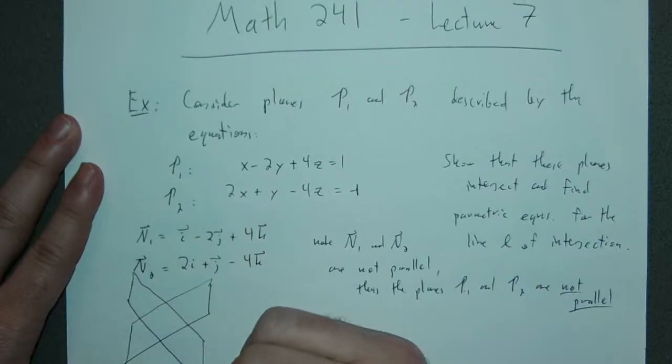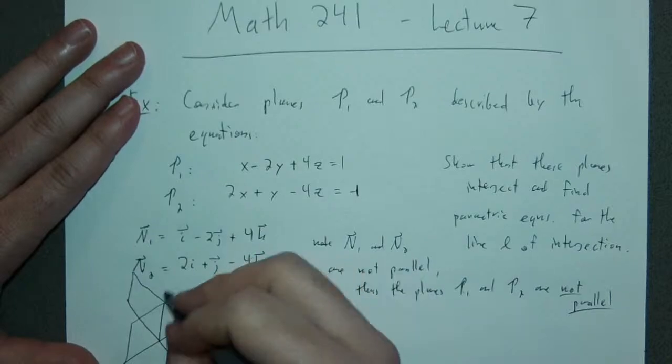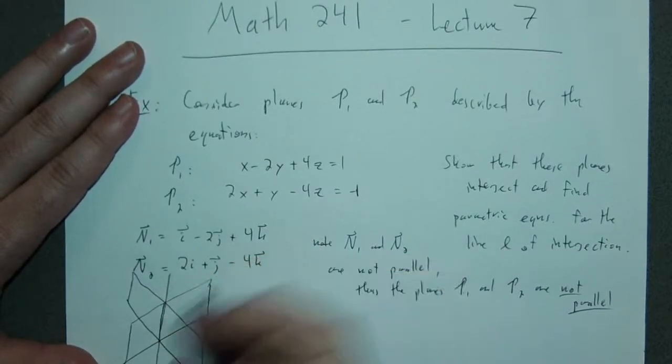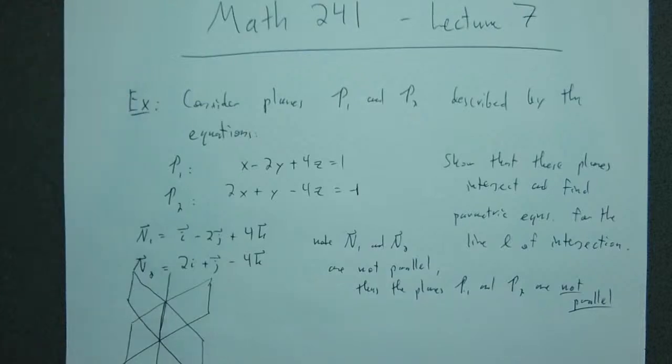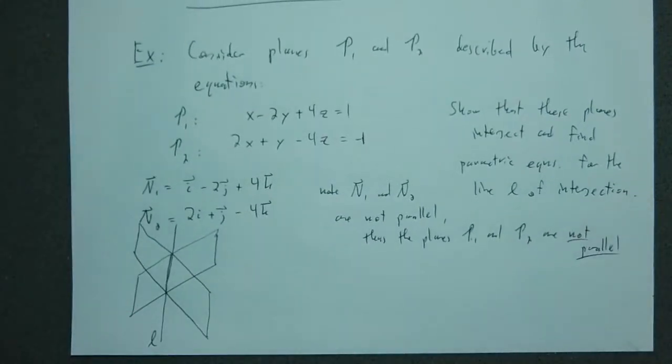And here is the piece of their line of intersection. If I draw the whole line, it looks like this. So here's the L that I'm seeking.